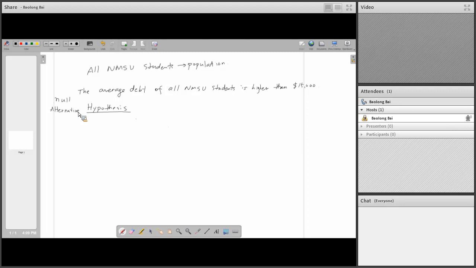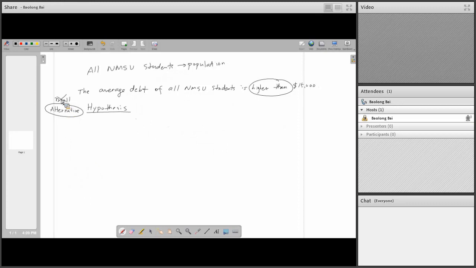So when we look at the keyword, we're saying the average debt of MSU students is higher than $15,000, right? So that means we're stating the debt is different from 15,000. So that will be stating something being different. This will be our alternative hypothesis, not null. Right?